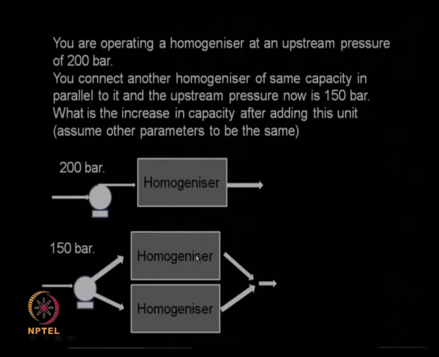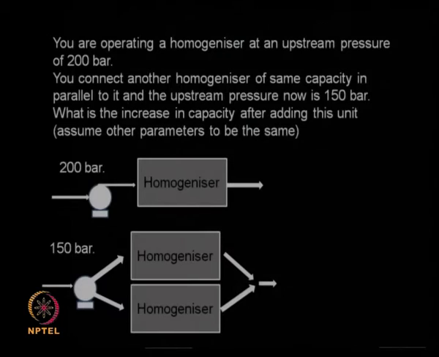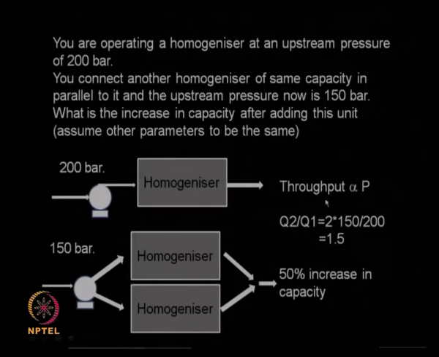So Q is directly proportional to pressure. When I had two homogenizers, I have to multiply by 2, but the pressure has gone down from 200 to 150. Throughput is directly proportional to pressure, agreed.